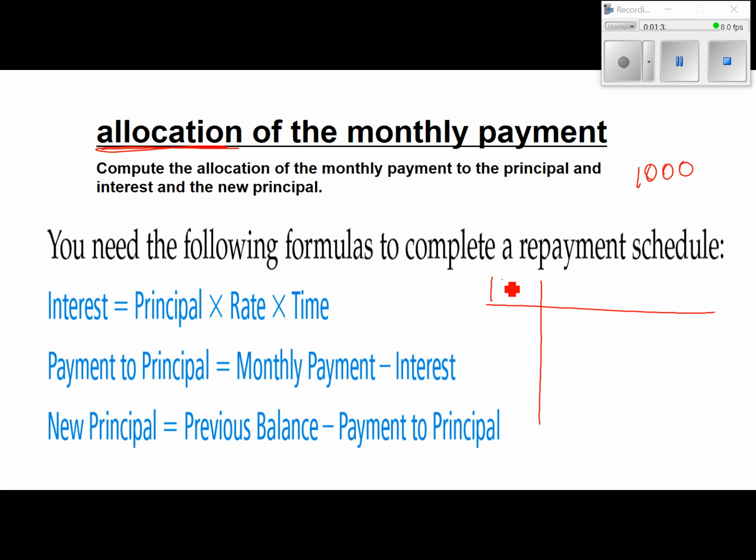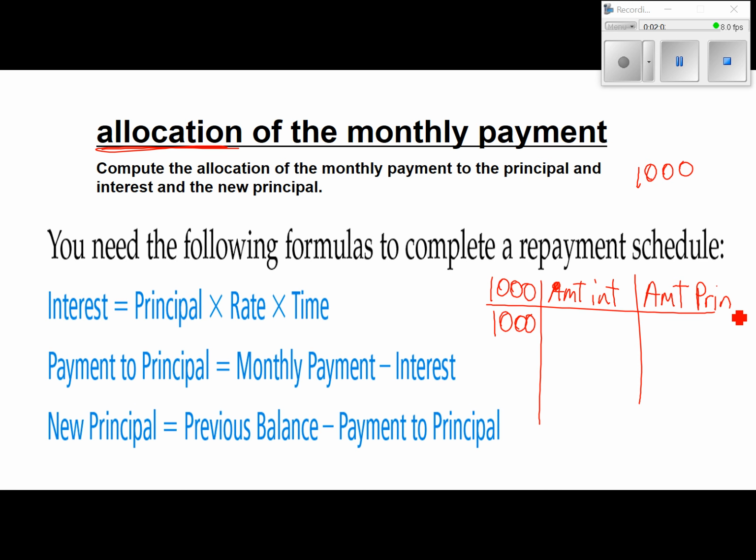You would have your payment each month, might be $1,000, and then we figured out how much went to interest, and then the amount to principal. That's what this is talking about, how much is allocated to each of those areas.